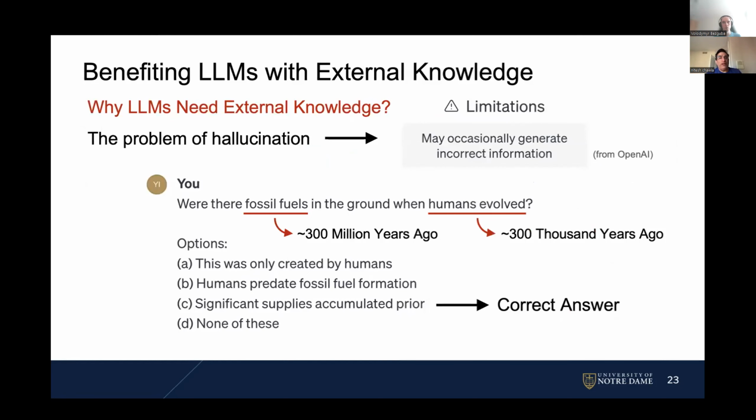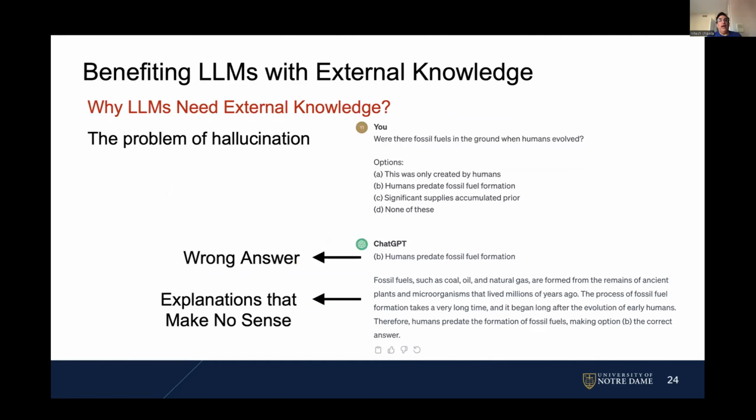So I'll give you an example here. Let's say that we ask this question of ChatGPT: were there fossil fuels in the ground when humans evolved? Humans evolved 300,000 years ago, fossil fuels about 300 million years ago. And the correct answer is option C. And the answer that ChatGPT gave us at that time, and this was GPT 3.5, so we haven't checked it on the recent ones, is humans predate fossil formation.